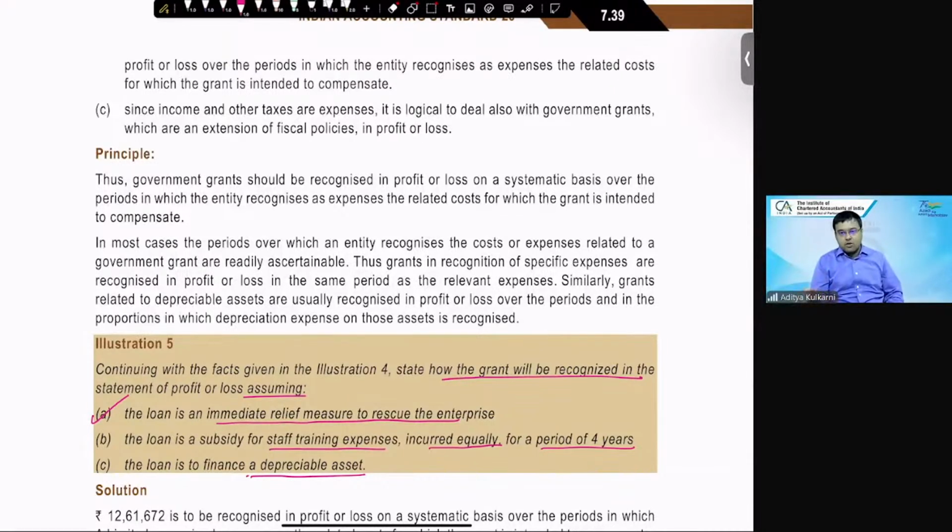Please go ahead. It will go in same proportion as depreciation we charge on the asset. That's right. Okay. So we have two different accounting treatments, but dono ka impact is the same as what Pooja just now mentioned. It will impact my depreciation charge in the ratio of the depreciation that we are going to incur.